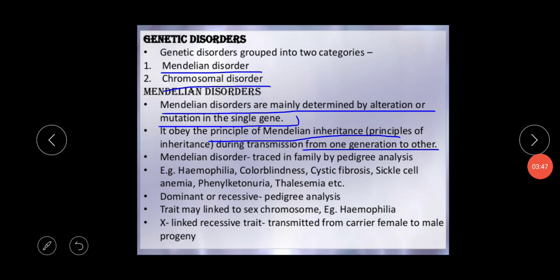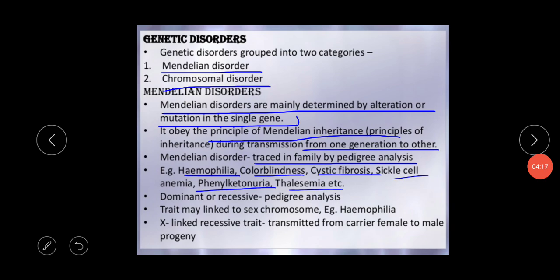Mendelian disorders are traced in the family by pedigree analysis. Examples: hemophilia, color blindness, cystic fibrosis, sickle cell anemia, phenylketonuria, and thalassemia. In our last class we discussed pedigree analysis, and through the pedigree analysis we get to know the inheritance pattern of different kinds of genetic disorders. So Mendelian disorder is also determined by pedigree analysis.